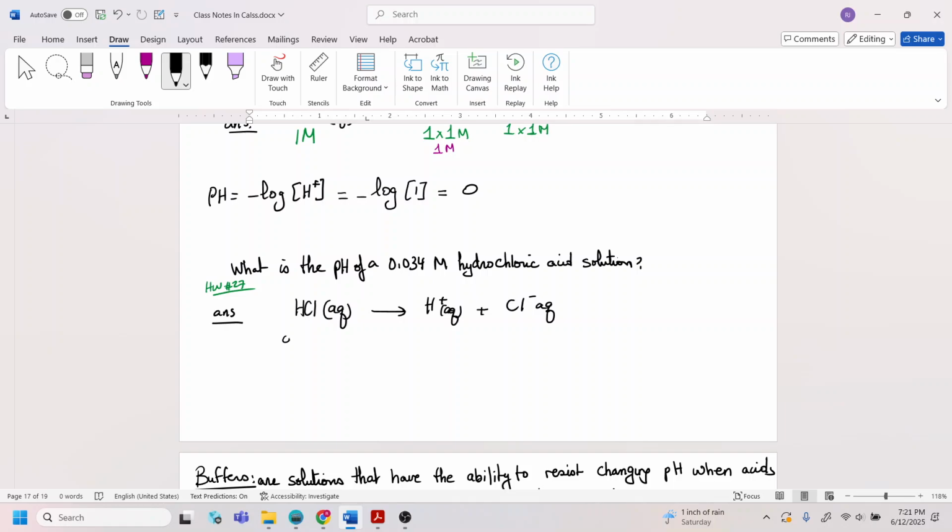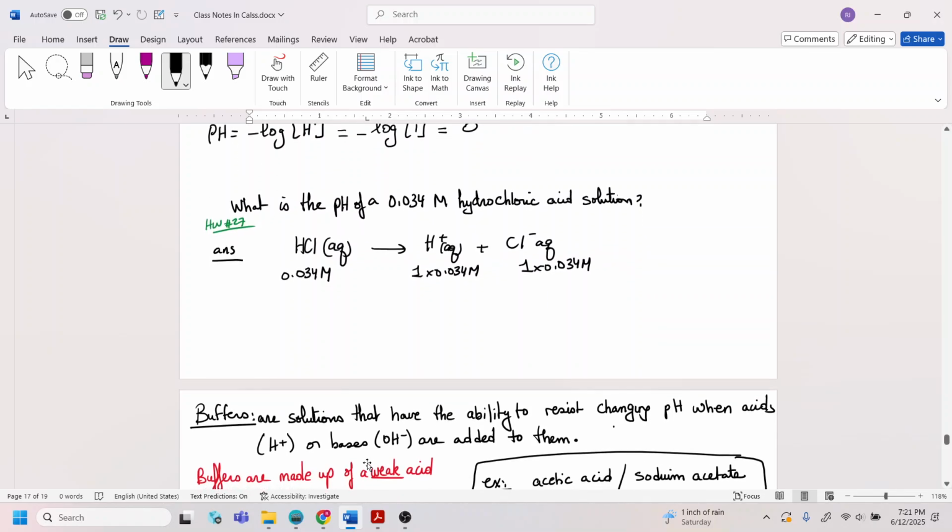So I'm starting with a 0.034 molar HCl. Then the ions are going to be 1 times 0.034 molar for each. So a solution of 0.034 molar HCl will dissociate into 0.034 molar H plus and 0.034 molar Cl minus.